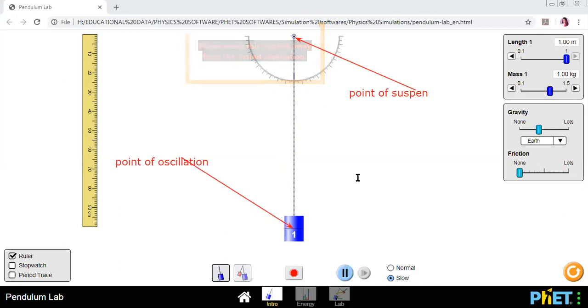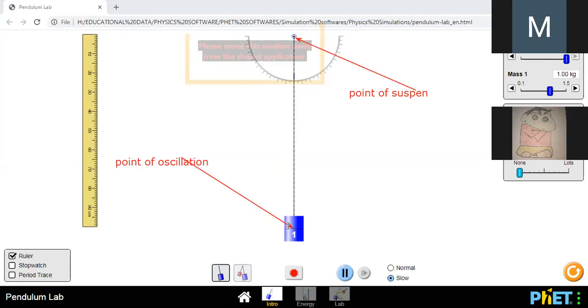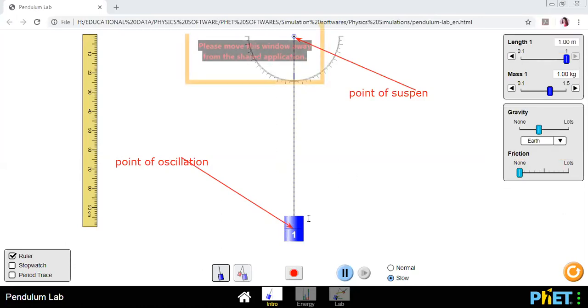Now understand, the length of the pendulum is from the point of suspension to the point of oscillation. And where does the point of oscillation lie? It lies in the center of the bob. So if I want to find out the length of the pendulum, it is from this point till this point.